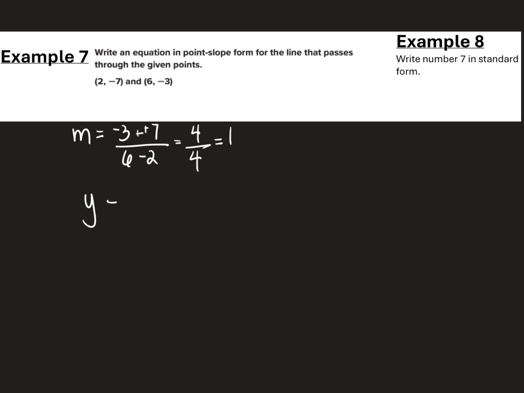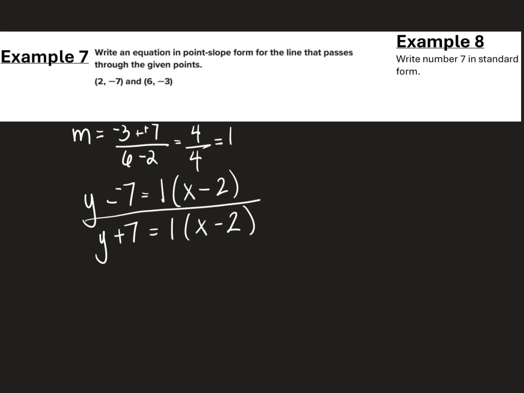Y minus y1 equals m times x minus x1. So y plus 7 equals, I'm going to leave the 1 there. I have seen it there in this particular textbook. Normally I would not put that 1 there, but I'm going to leave it there just because. That's my point slope form.